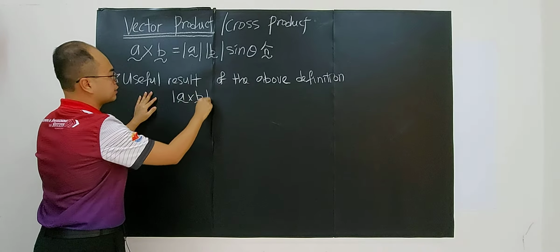Parallel means that vector A and vector B have the same direction and the same gradient, or maybe they have opposite directions, but they are still parallel.